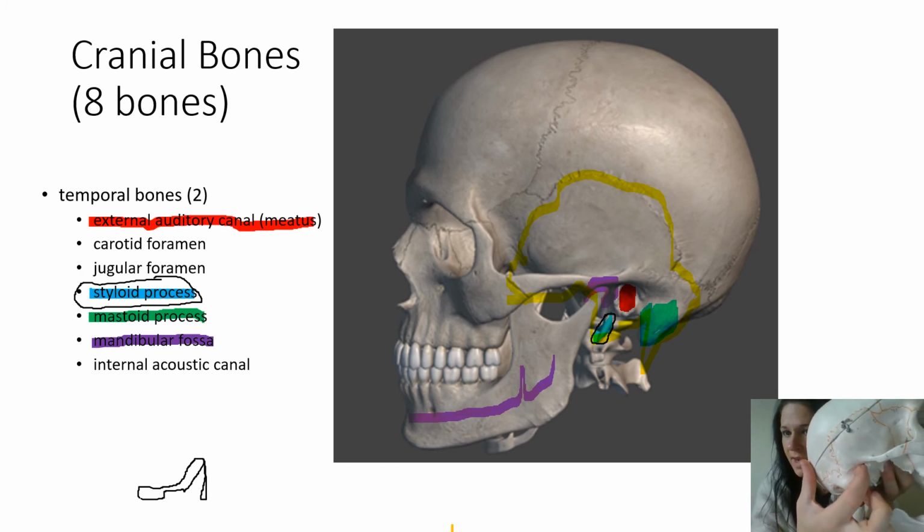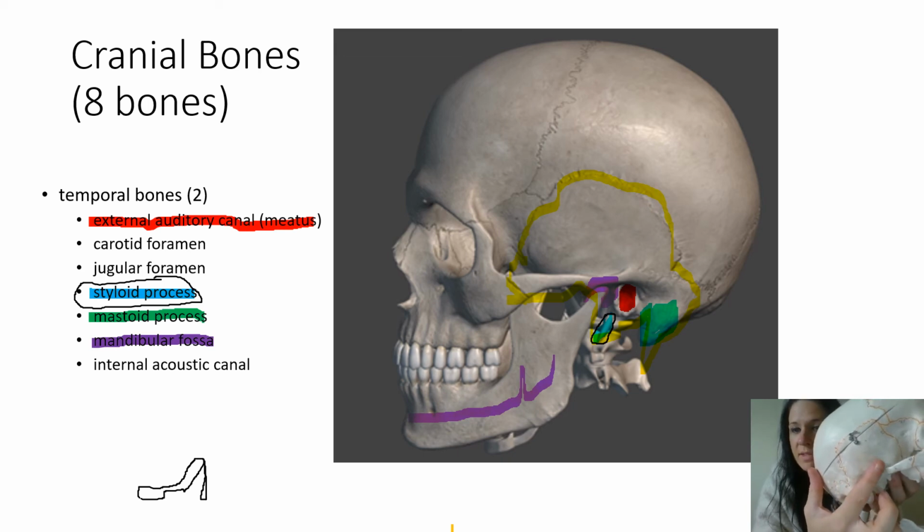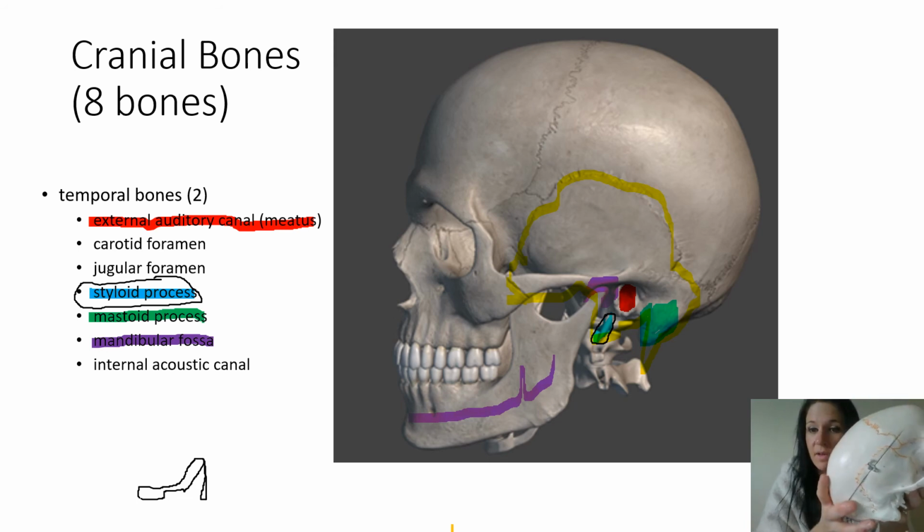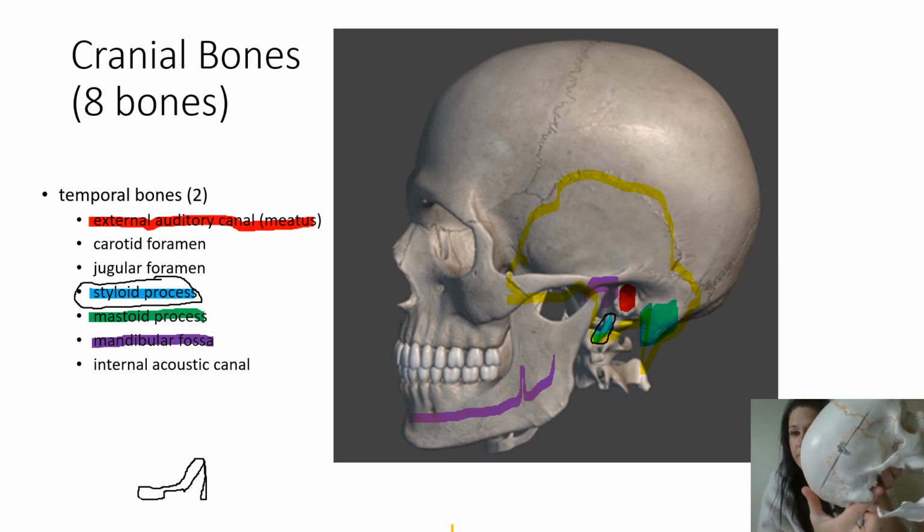Okay, so we have an external auditory canal, and then you have this process coming off here, but if we go back, there's an indentation where the mandible is going to articulate. That is the mandibular fossa. Then we have this really big process here, the mastoid process, and moving forward, here's our really spiky styloid process.